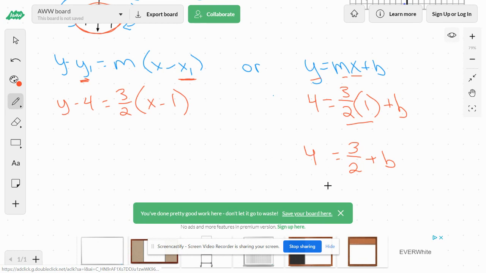If I subtract 1.5 from both sides, or 3/2 from both sides, I end up getting b is 2.5. Or if you want to put it as a fraction, it would be 5/2. I don't really care whether you give me decimal or fraction. It doesn't matter to me.